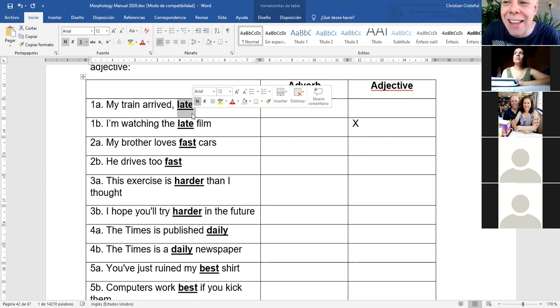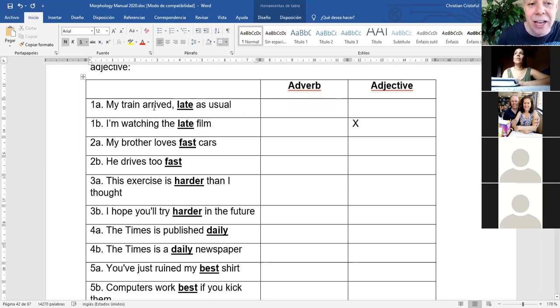It's not my late train. The train arrives late. So late refers to arriving then. Because late refers to arriving, and arriving is a verb, then we classify this as an adverb. Questions?